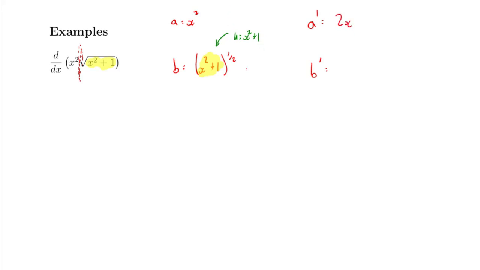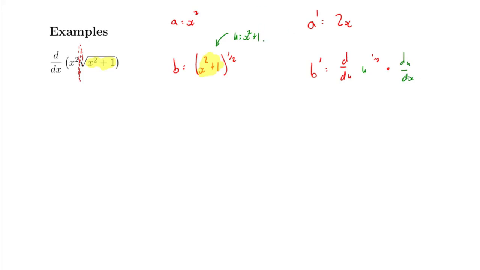All right, so now we've got this derivative of u, or derivative with regard to u, sorry, of u to the half times the derivative of u with regard to x.